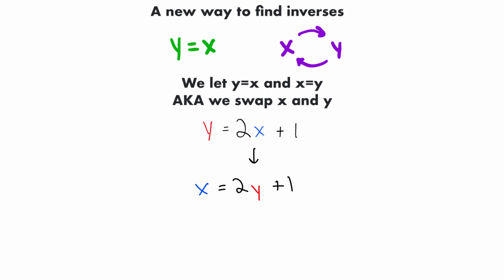And because I want this as a function, I'm then going to simplify that equation such that I'm going to turn it into y equals something in terms of x. So I'm going to subtract the 1 to the other side and be left with x minus 1 is equal to 2 times y. I'm going to divide both sides by 2.